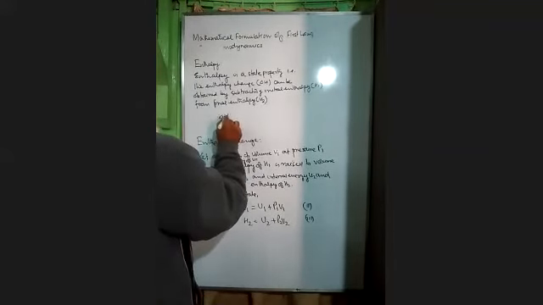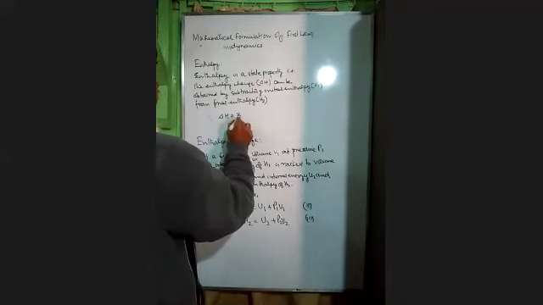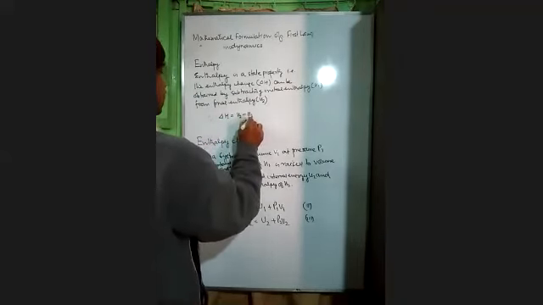Therefore, delta H is equal to H2 minus H1.